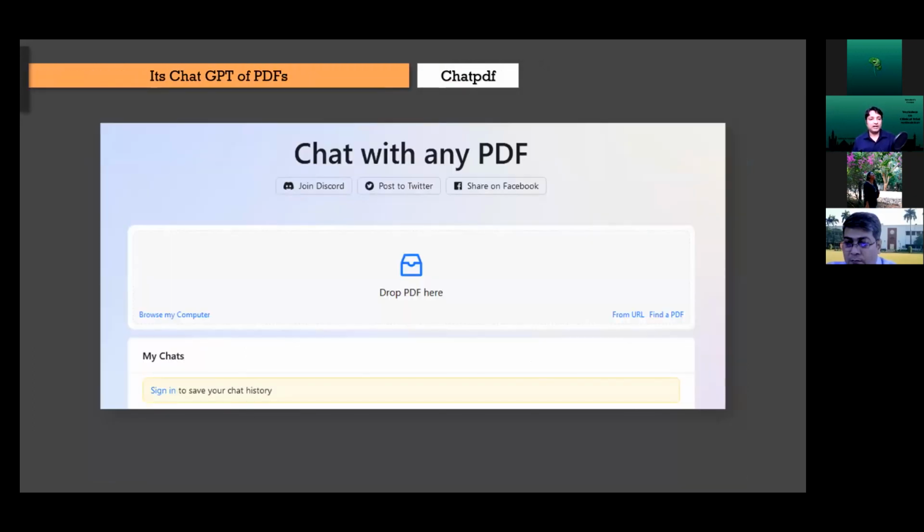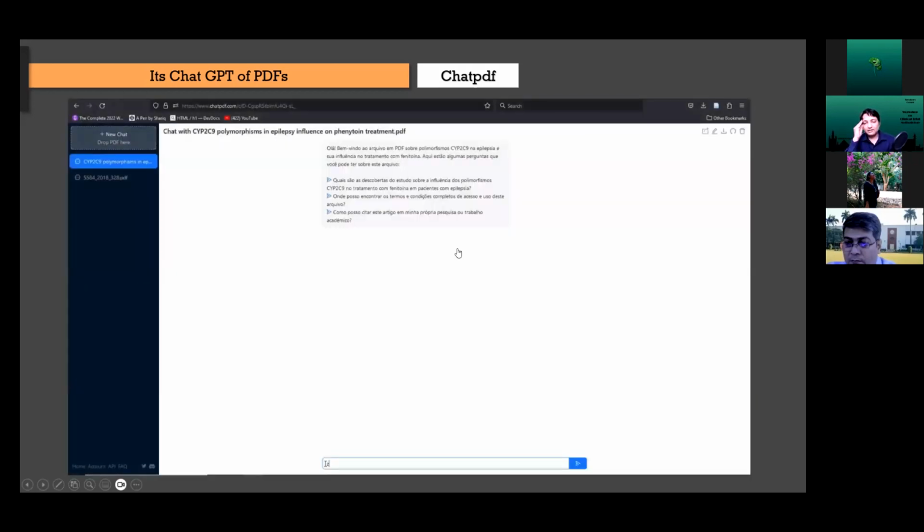Next tool is ChatPDF, which is basically called the ChatGPT of the PDF. So you will upload the PDF here and then you can ask questions. Mind you, all these tools are almost free. That means these tools are free up to a limit.